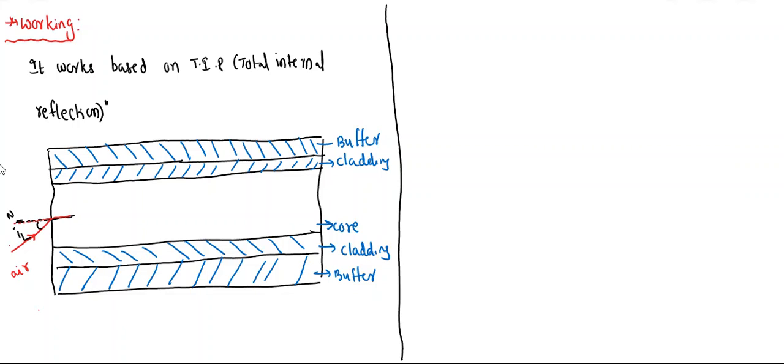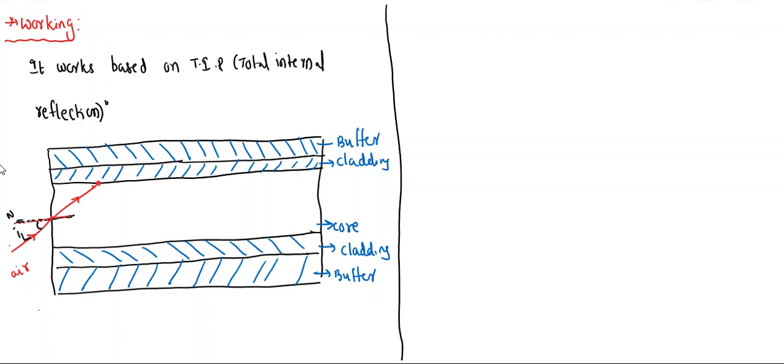This is the core material, and it will bend and be incident on the interface which separates the two media, core and cladding. This line separates the core and cladding. Below this line, the red line is incident at a particular point, and below it core is there, above that cladding is there.